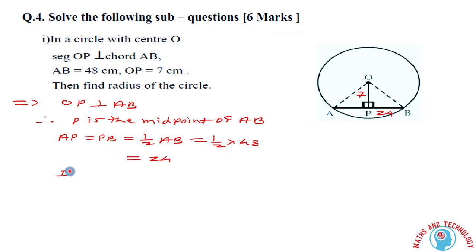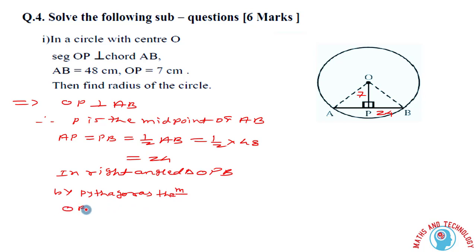So in right angle triangle OPB, by Pythagoras theorem, OB square equals OP square plus PB square.